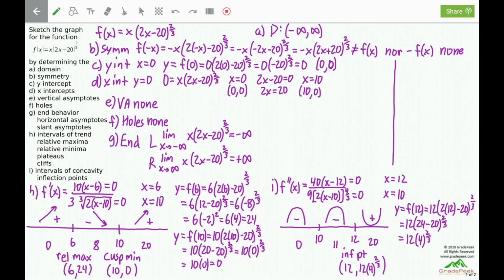We have a vertical axis. We have a horizontal axis. The domain is all real numbers, so all x values will be represented here. There is no symmetry. We do have a y-intercept at the origin 0, 0. We can label that.